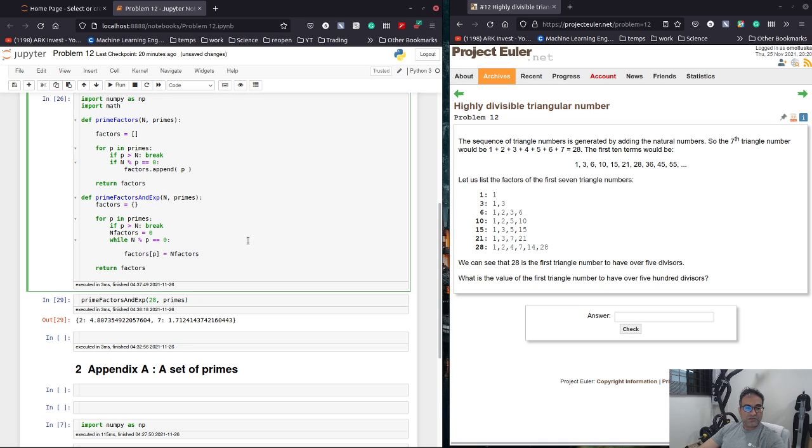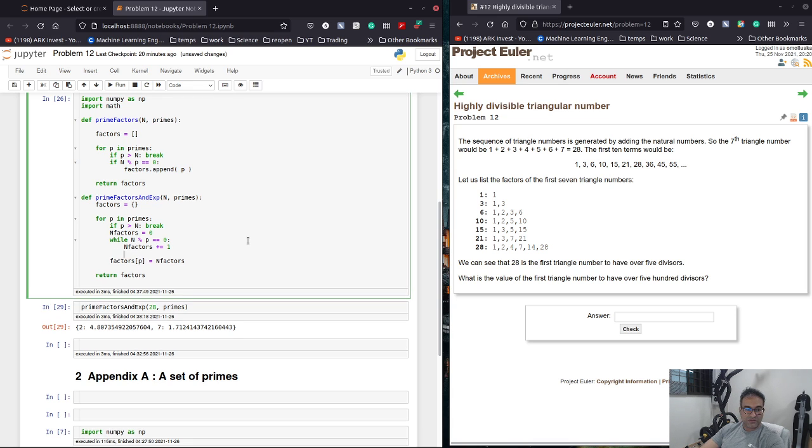And while this is that, n factors plus 1, and we divide n by p.